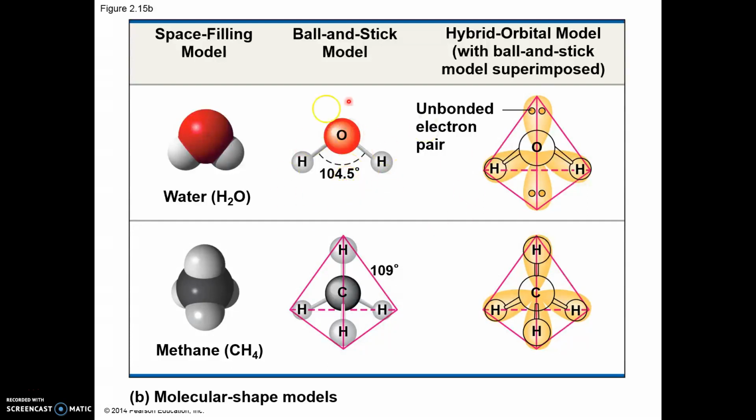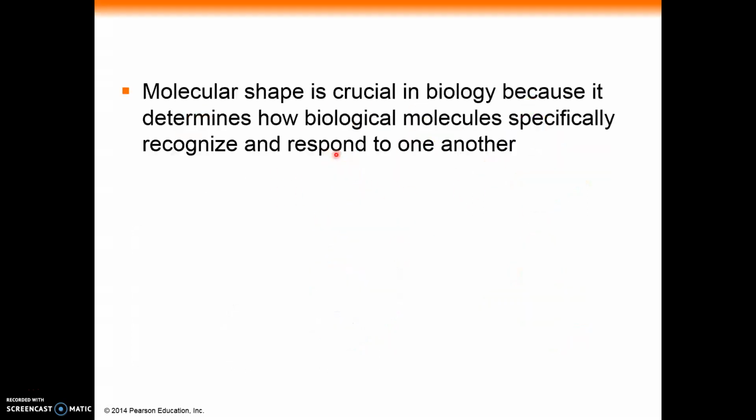Now, the reason why I'm spending so much time on this is that molecular shape is crucial in biology because it determines how biological molecules specifically recognize and respond to each other.